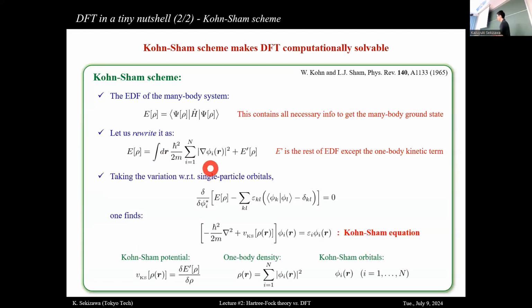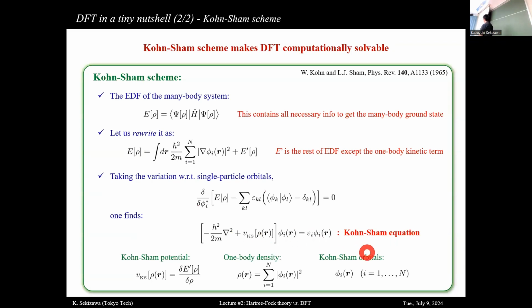And now you can make a variation with respect to the single-particle wave function phi star here. As you may realize, this is quite similar to what we did for Hartree-Fock. If you do this, you can get this equation. This is nothing but the Kohn-Sham equation.